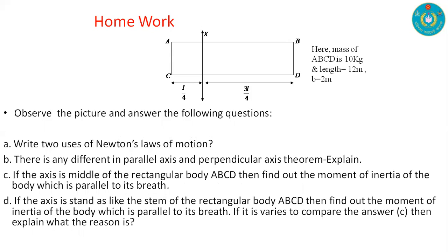That is question C. And for question D, if the axis is at the edge of the rectangular body ABCD, then find the moment of inertia of the body parallel to its breadth. If it varies compared to answer C, then explain the reason. Solve these questions as homework.